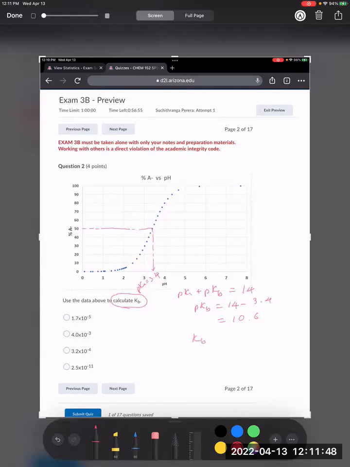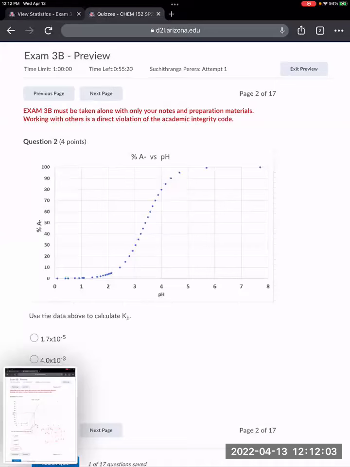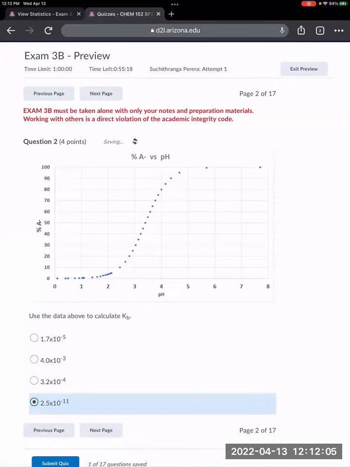Therefore, Kb is 10 to the power of minus 10.6. Okay, so that should be closer to option D over here. So I would select option D. Let's go back to the question and then select option D.